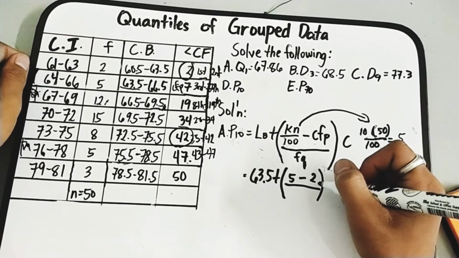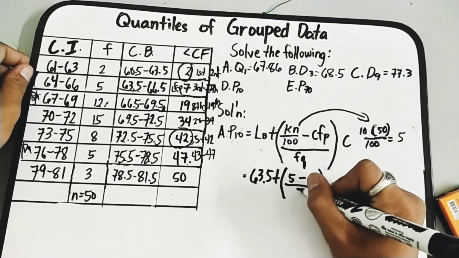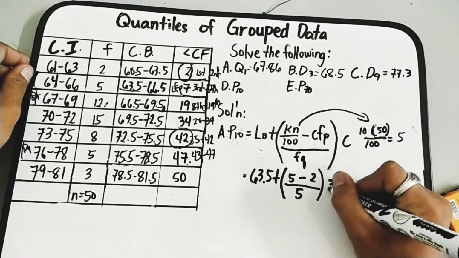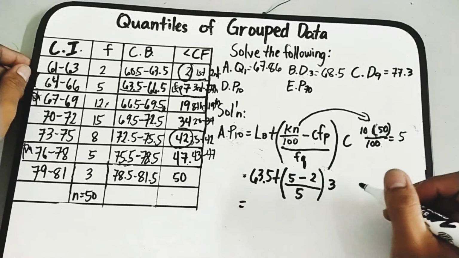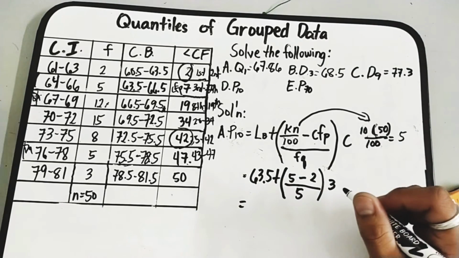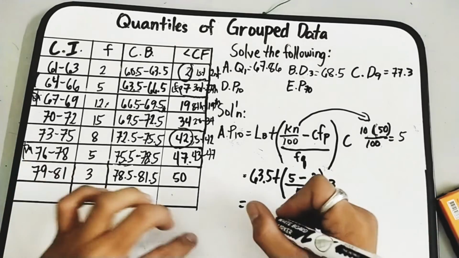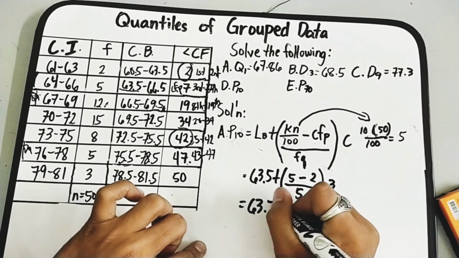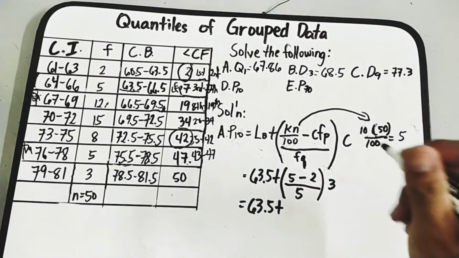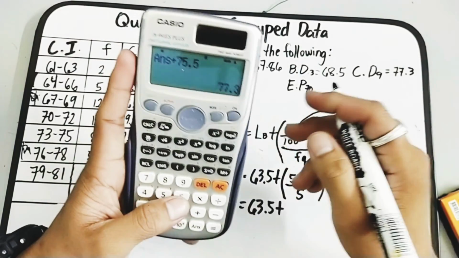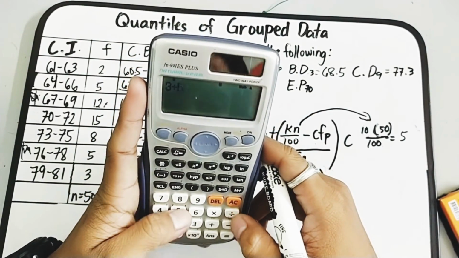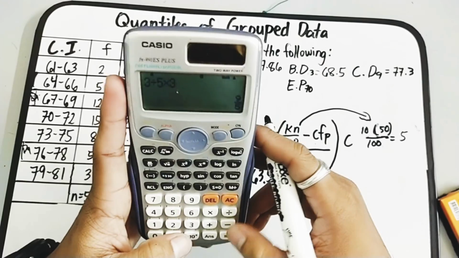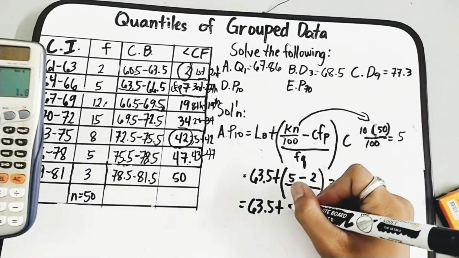For the class of 64 to 66, you get 5 times 3. So, 63.5 plus, 5 minus 2 is 3, divide it by 5, times 3, you would get an answer of 1.8.